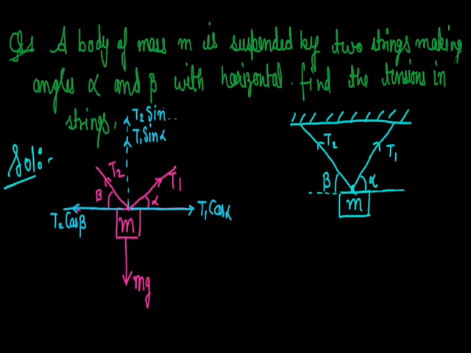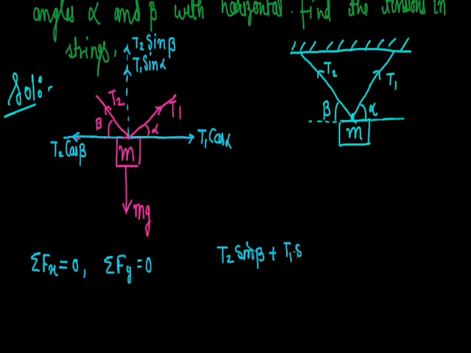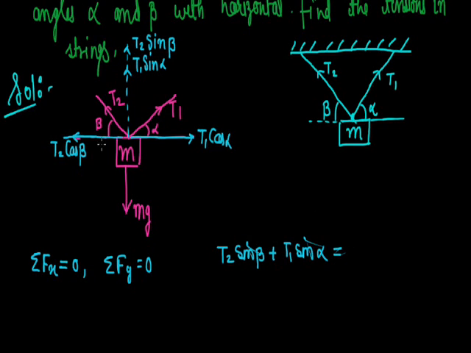Now, since it is in equilibrium, so we can say sigma Fx will be 0 and similarly sigma Fy will be 0. Now in vertical direction we can write T2 sin beta plus T1 sin alpha equals mg.